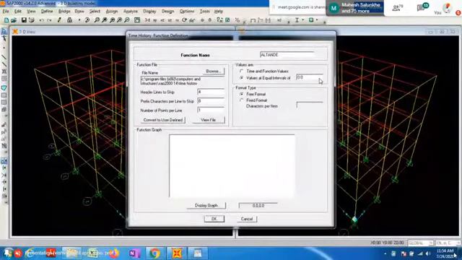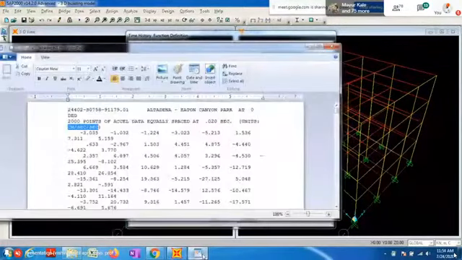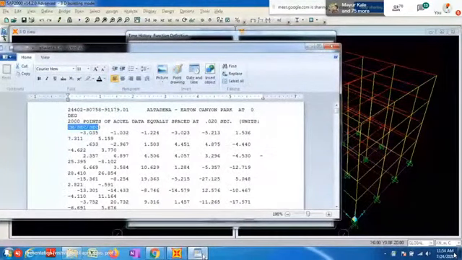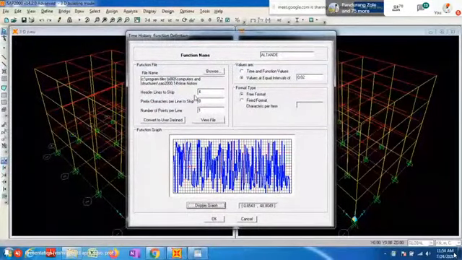Then display graph. Four lines are skipped, there is no prefix, and the number of points per line is 8. Display graph. Now this is the record.